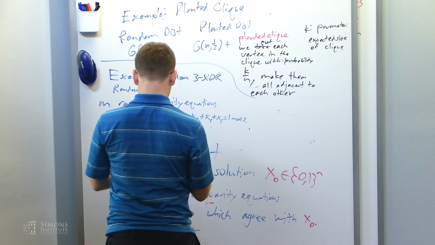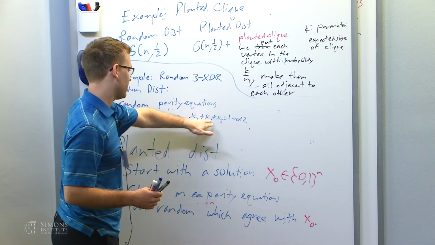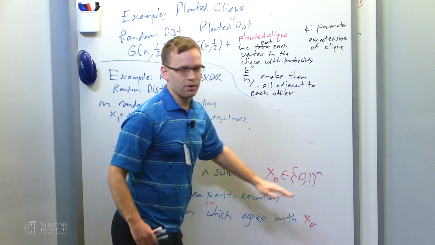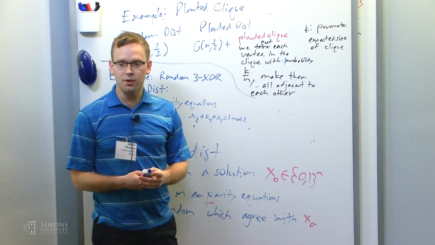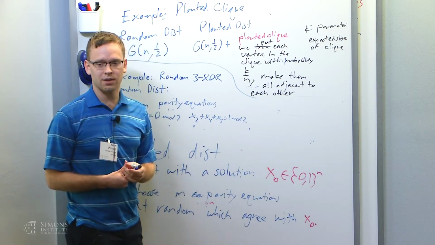So you always choose 3 variables, and then you see if they add up to 0 or to 1. Yeah, exactly. You choose 3 variables, see under x naught whether they add to 0 or 1 mod 2, and then that is your equation.